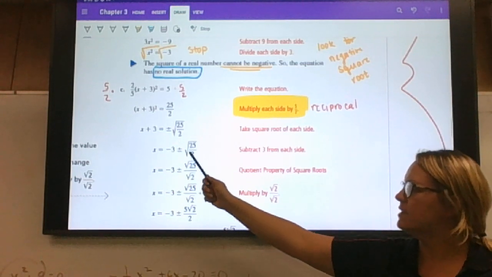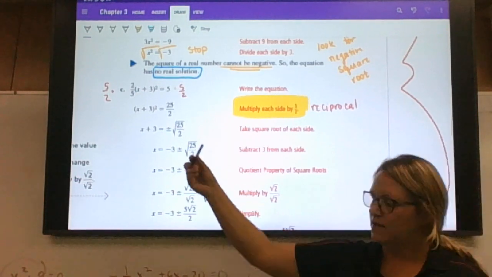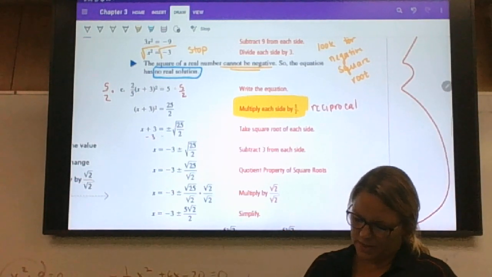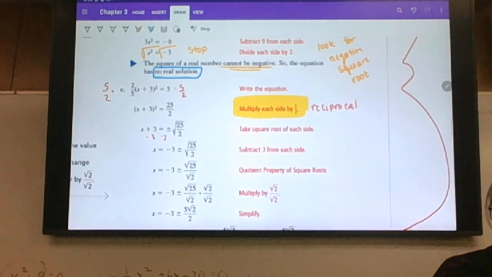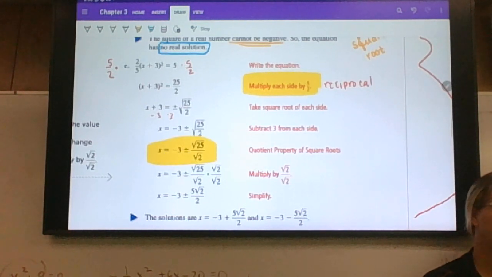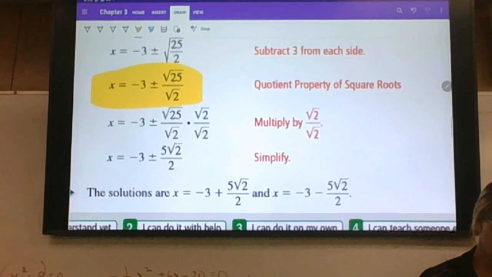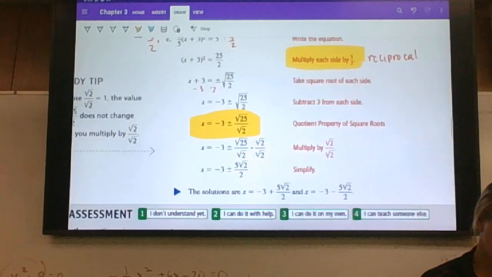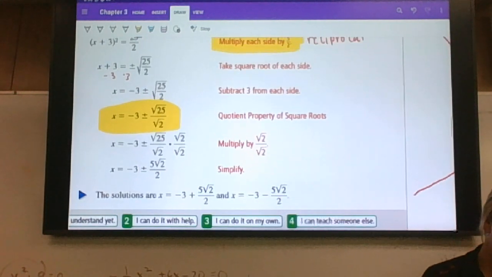Square rooted a whole fraction. Here they minus the 3. And then from here, I don't think you guys have ever seen a problem like that. Right about here, I think, is brand new to you. So there's a rule here.